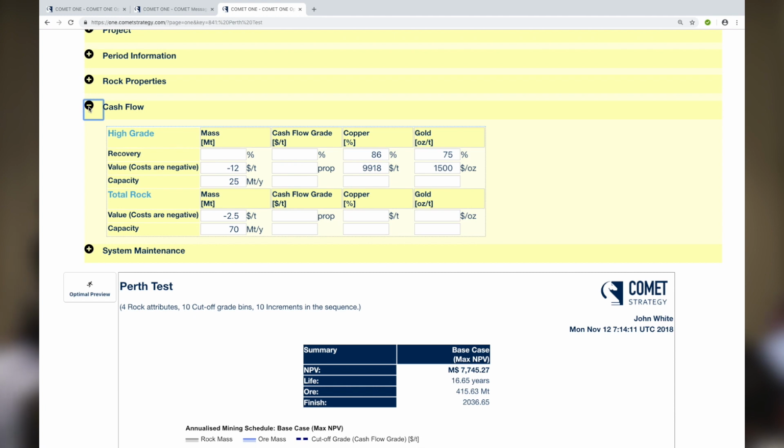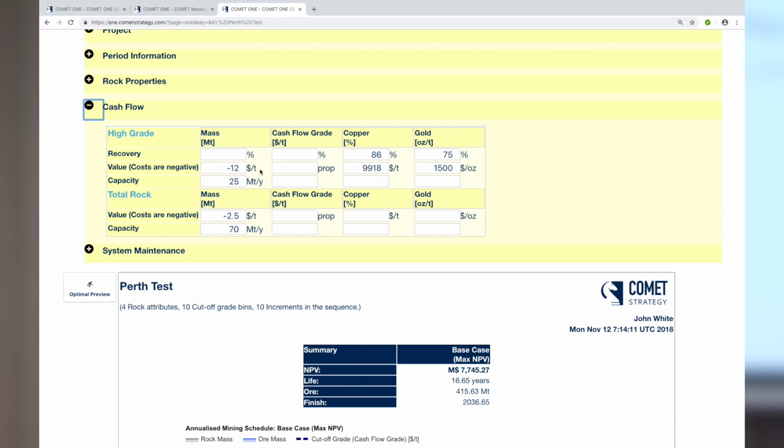We can apply a recovery, a value, and a capacity. So for the material above whatever cut-off grade we end up picking, it's going to cost us $12 a tonne. And our capacity for that is going to be 25 million tonnes a year. So that's our mill capacity, 25, and that's our processing cost, 12.